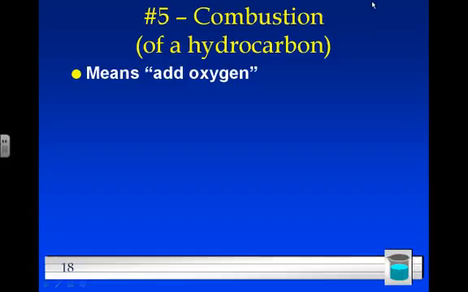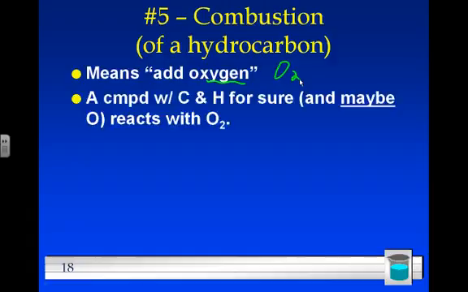Mathematically the symbol for add is a plus sign, so it's something plus oxygen. And remember, oxygen is going to be O2 because it's one of those diatomic molecules. So we're going to add O2. When you burn something, you combust it, it's adding oxygen. You need oxygen for combustion to occur.